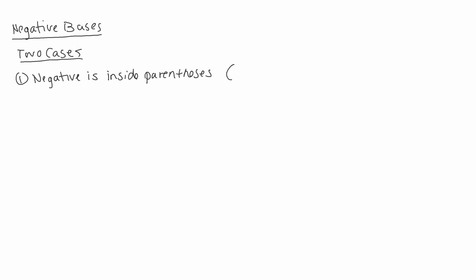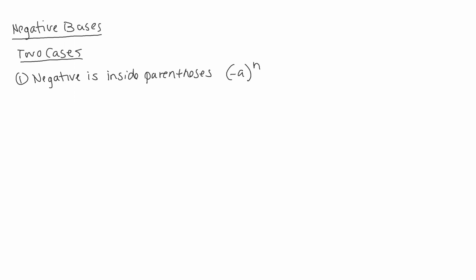So there are basically two cases. The first case, the negative is inside parentheses. So you'd have something like negative a to the n power.